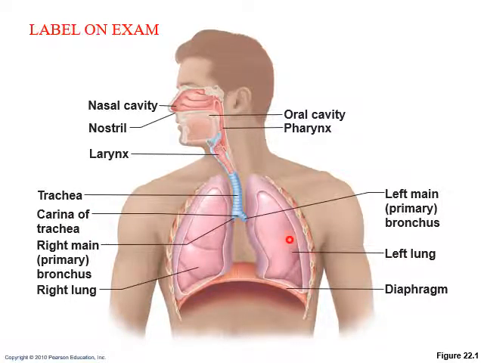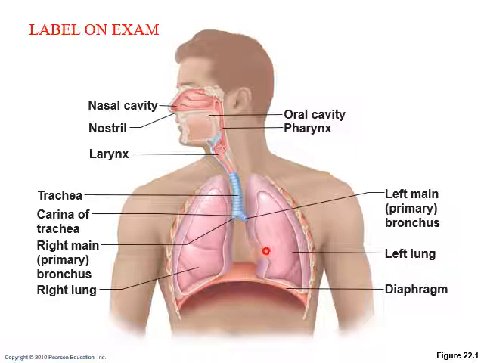Okay, now you've got a left lung, and you'll see that it has two lobes. And you have a right lung, and you see that it has three lobes. All right, I'll give you just a second here to think about why there are only two on the left and three on the right. You're having trouble with that.